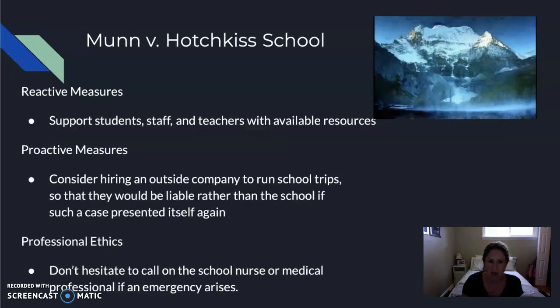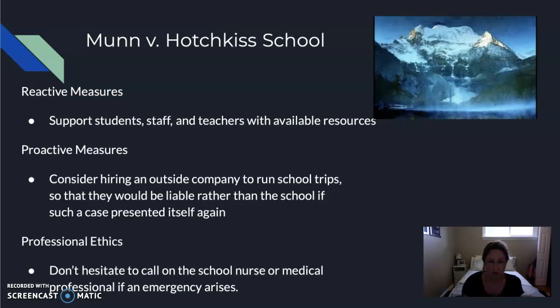The final case that we're going to look at is Munn versus Hotchkiss School. So a 15-year-old Kara Munn was hiking on a forested mountain in China during a summer trip organized by her school, Hotchkiss. She was bitten by a tick that transmitted encephalitis. This caused serious neurological damage and left her permanently unable to speak.